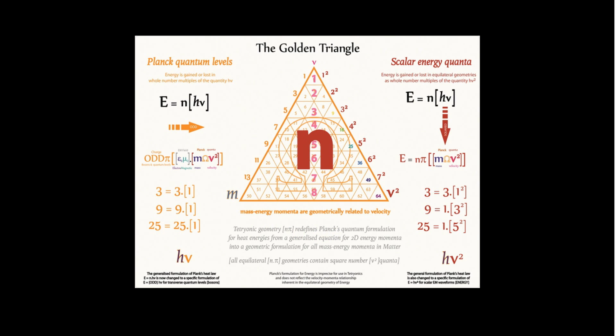It takes it from a generalized equation for 2D energy or mass energy momenta into a specific geometric representation for scalar energies and mass, particularly within matter, because it's these equilateral energies along with the charge that they create that forms matter itself.